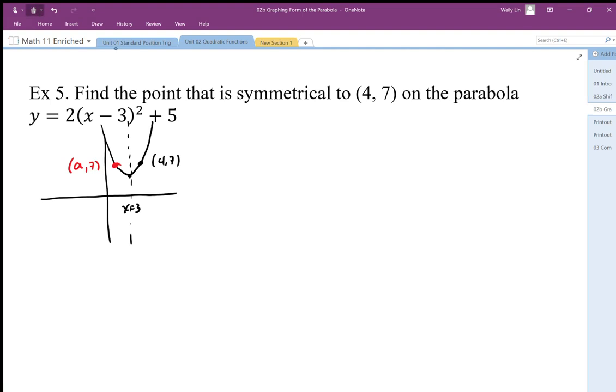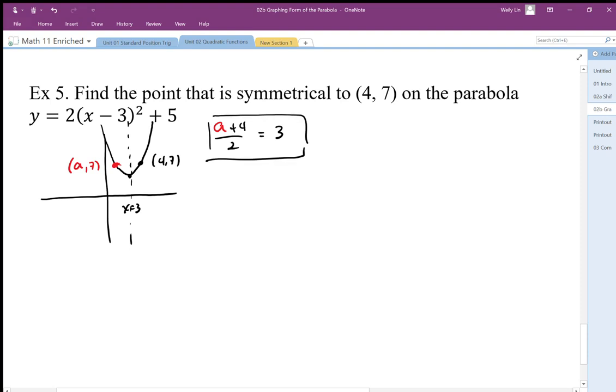I know that there's a relationship between the symmetrical points and the middle point, and the relationship looks like this. If I add the outside points, A plus 4, and divide by 2, it's going to equal the middle. This is a formula to calculate average or middle.